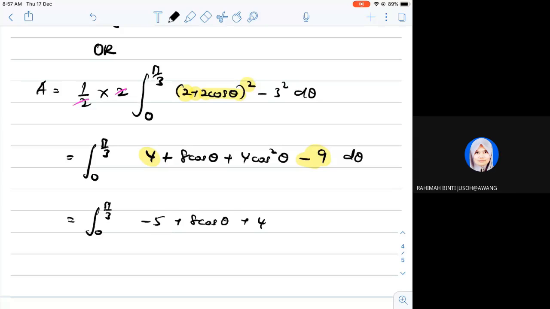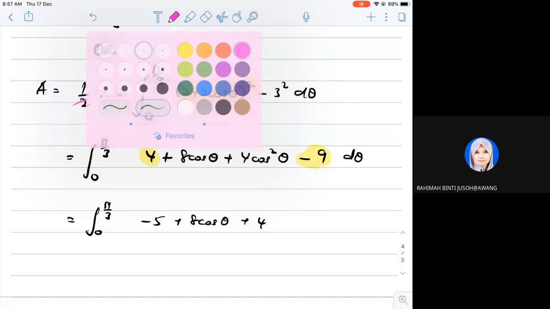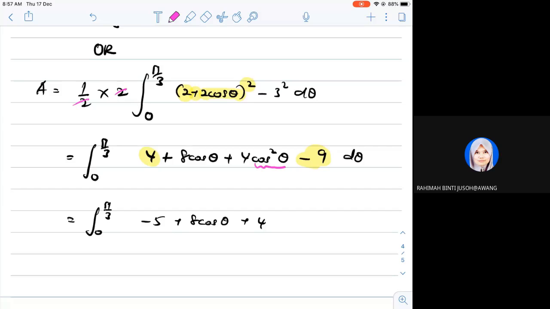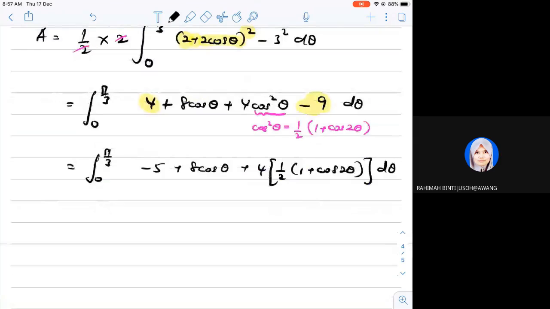All right, guys, now this one, we need to substitute with the double angle formula. So cos squared theta, you have to substitute this with 1 over 2 times (1 plus cos 2 theta). Okay, so substitute here, multiply by 1 over 2 (1 plus cos 2 theta), d theta. Okay, so let's expand this.